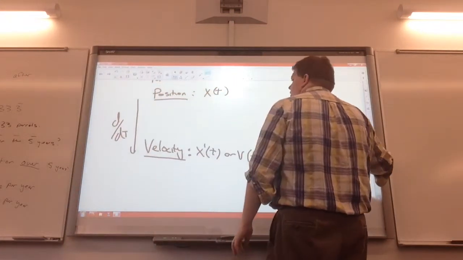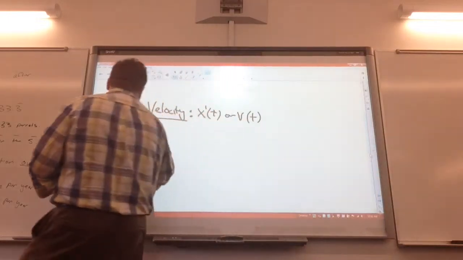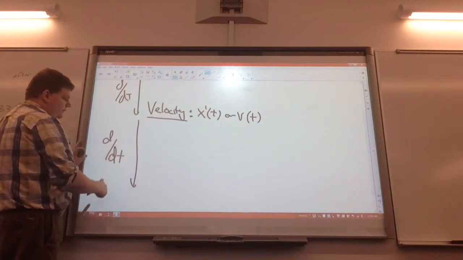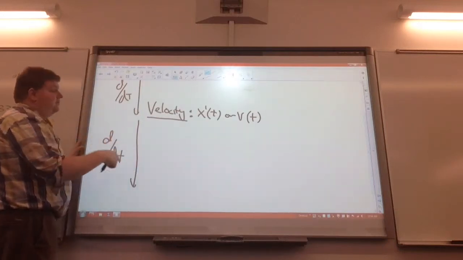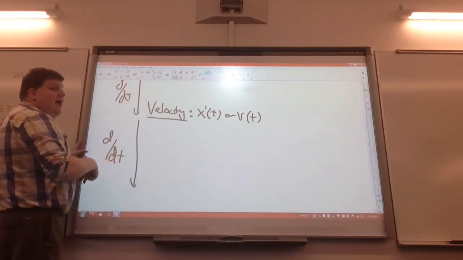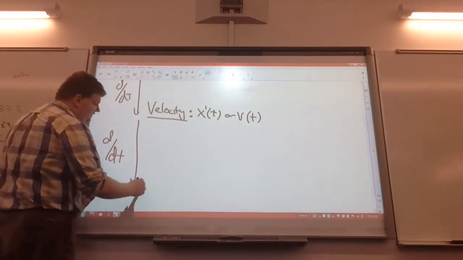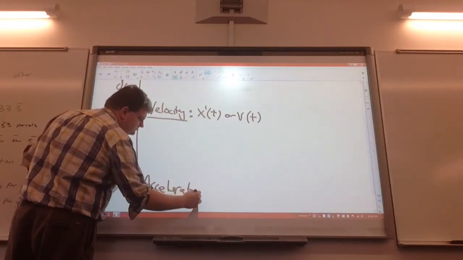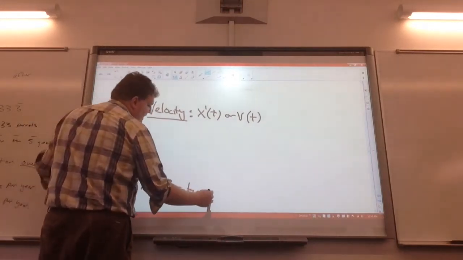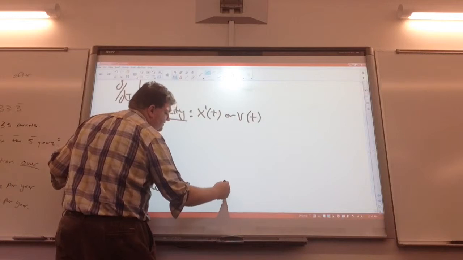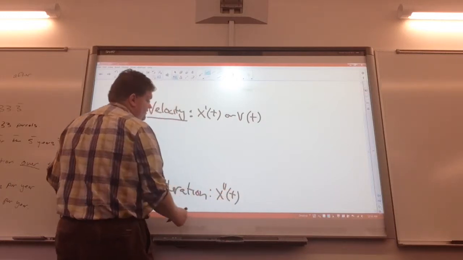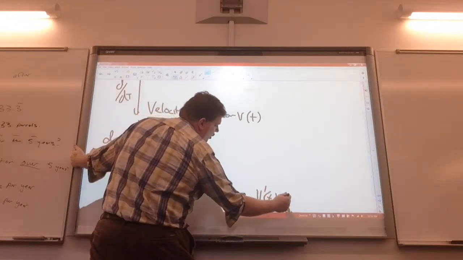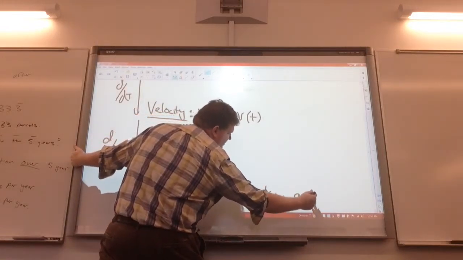Now, when we do the derivative of velocity, yes, the derivative of position is velocity. And now we're doing the derivative of velocity, which is acceleration. Okay? And that's represented by either x double prime of t, the second derivative of x, or the derivative of velocity, or its own equation a of t.